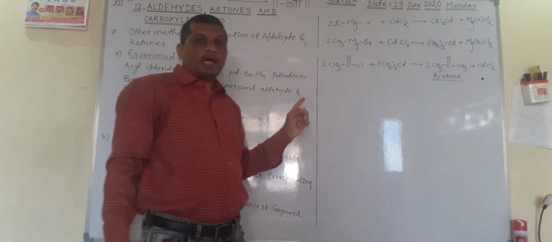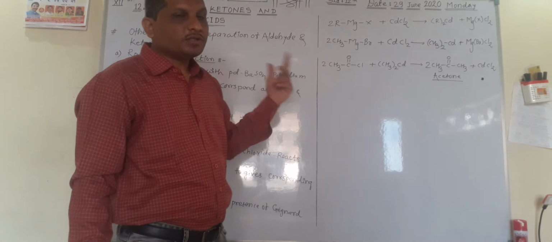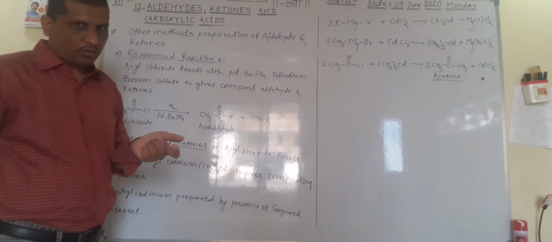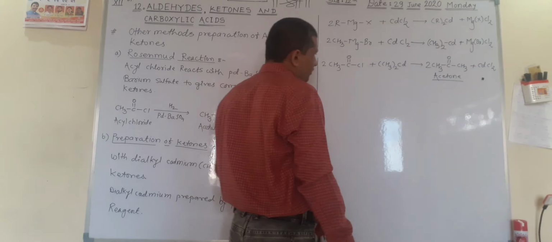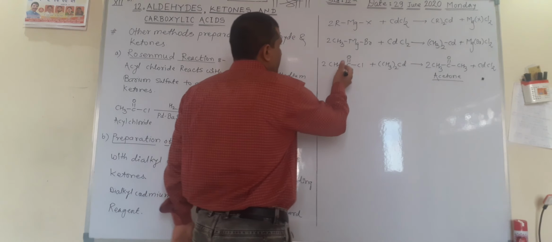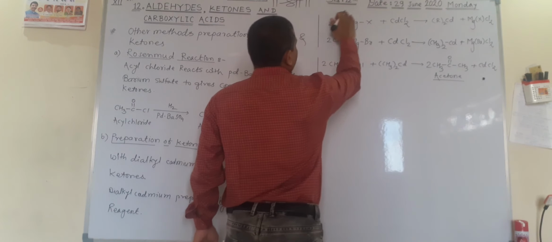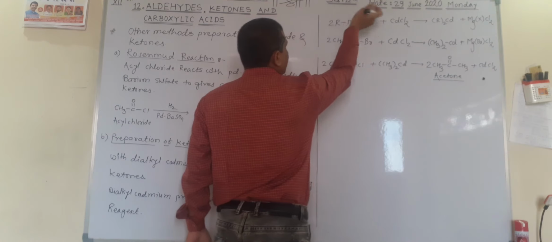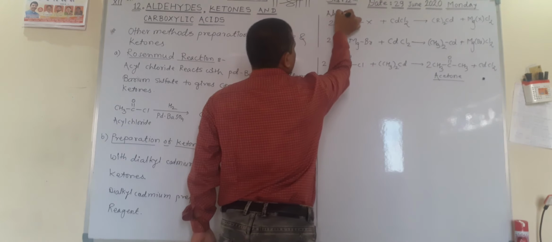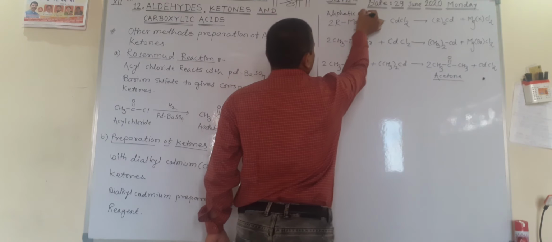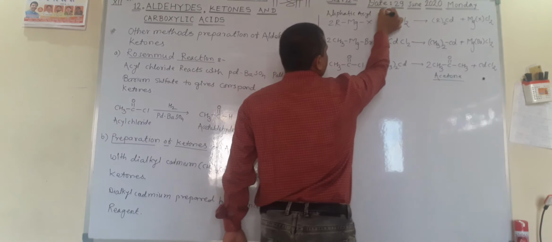Here it also works for aromatic acyl groups, giving aromatic ketones. We give one example of an aromatic ketone. This example was with aliphatic acyl chloride.